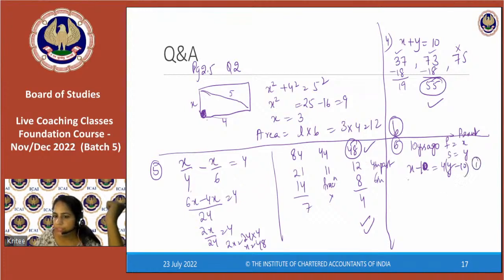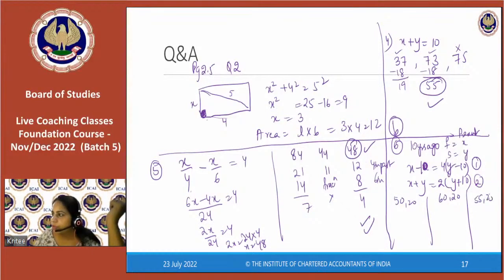This is the first equation. 10 years hence, the age of the father will be twice that of the son. The two equations, solve them. Or if you don't want to solve the equation, you are doing a multiple choice question, you have the options with you. Find their ages 10 years ago. 10 years ago, 40 and 10.